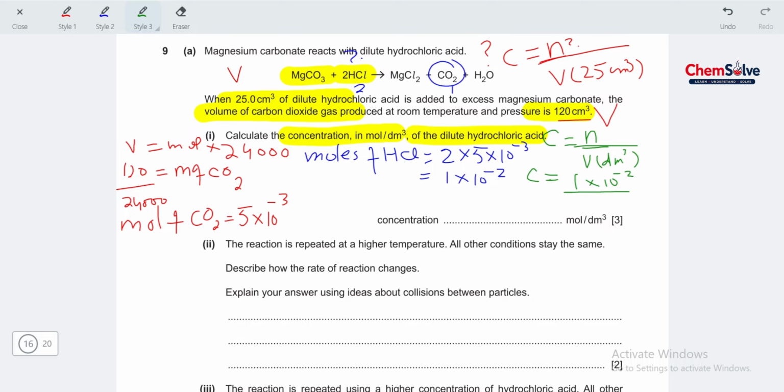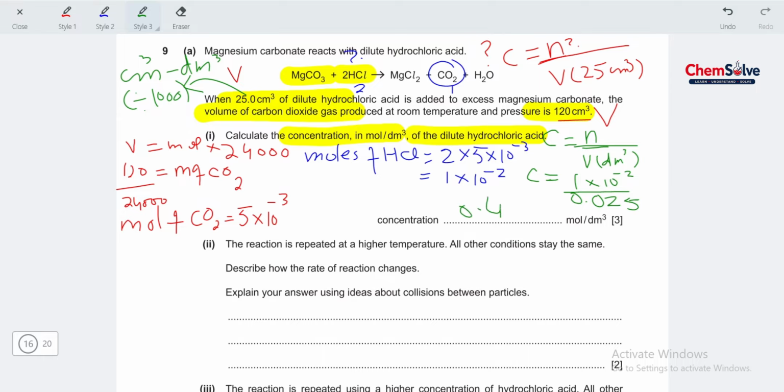For that I will use my calculator. When we need to convert cm³ into dm³, we have to divide it by 1000. So 25 divided by 1000 will be 0.025. All right. So in order to convert from cm³ to dm³, what do we have to do? Divide by 1000. Remember this.